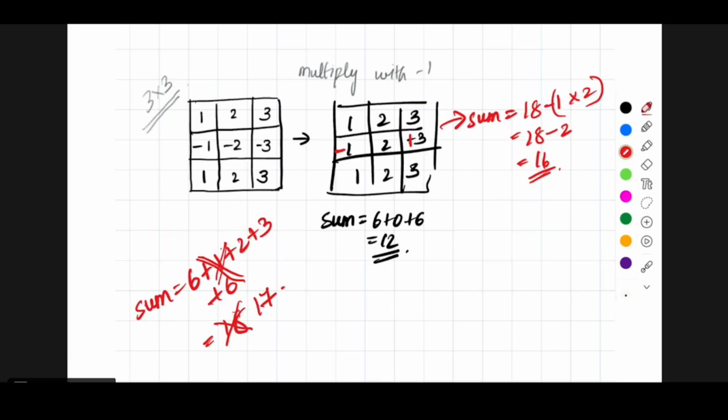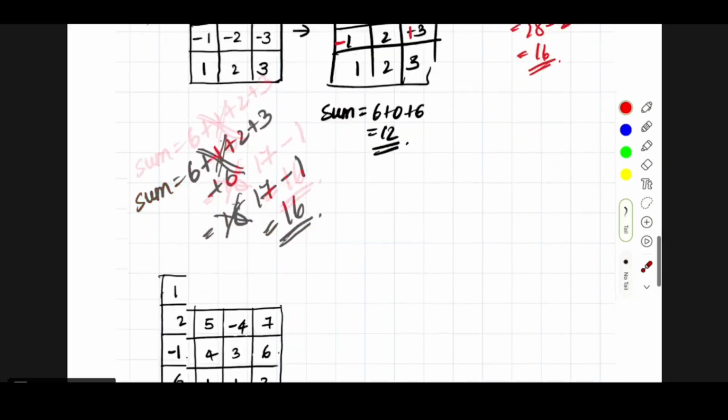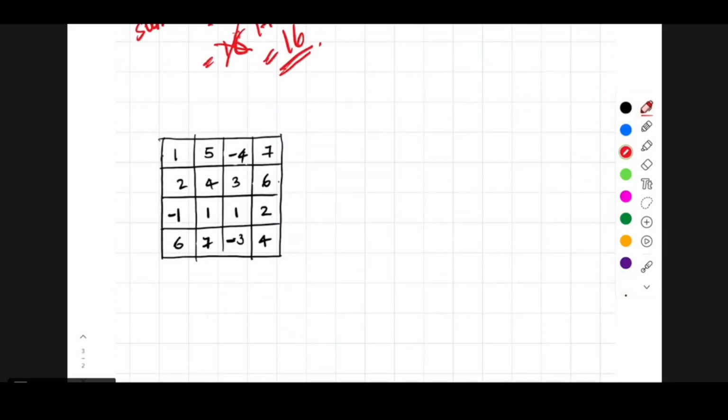From the sum 17 I am subtracting 1, so it will be 16. Okay, so that's how it works. So whatever matrix we have, the element with the lowest absolute value must be the negative one, which I have to delete.